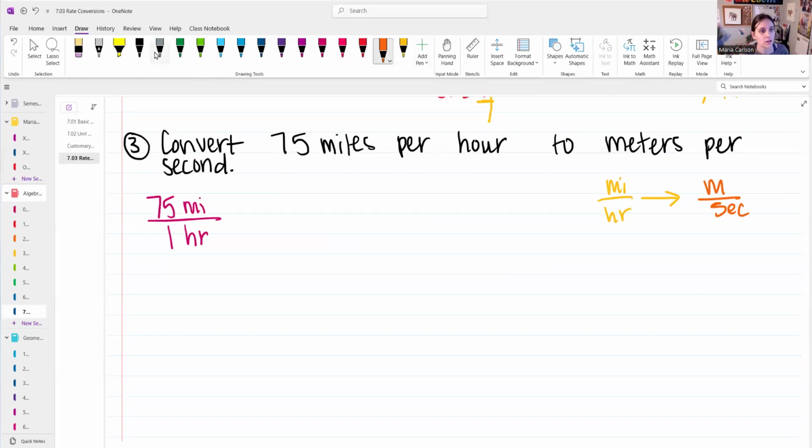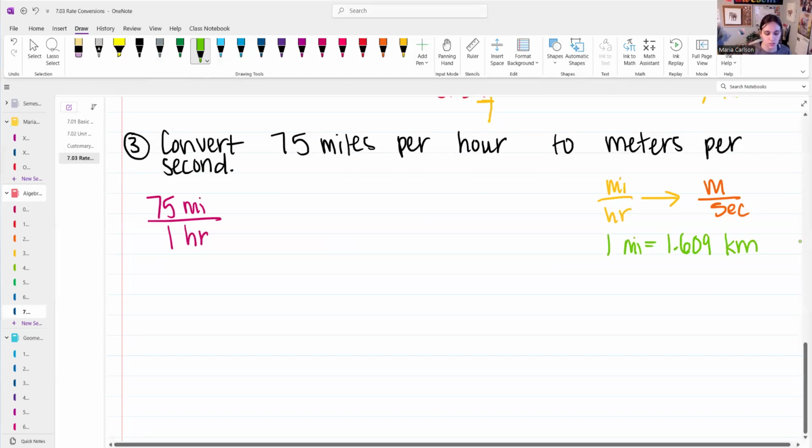Okay, so first let's think about how we would convert miles to meters. And one thing that I know from that conversion chart in the OMHS is that 1 mile is 1.609 kilometers. So not meters, but kilometers.